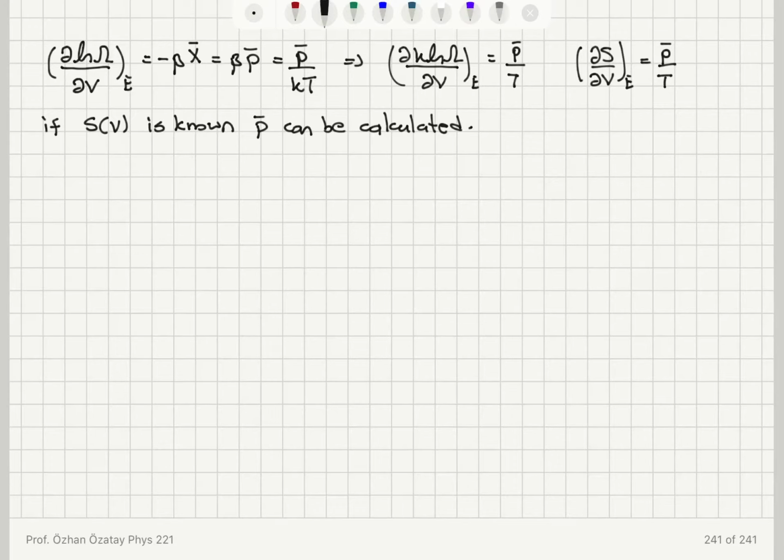So the information of how omega varies as a function of X and energy is quite valuable for us.